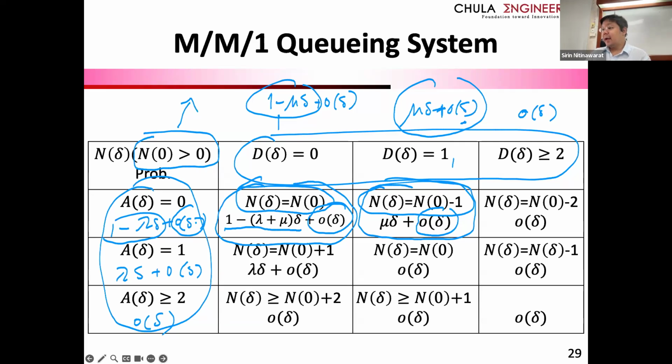By the same token, if you switch gear from this to that probability, it's just like switching lambda and mu, because the form is the same now. You look at the other possibility that there'll be one arrival but no departure, so the number of customers in the system would have increased by 1.